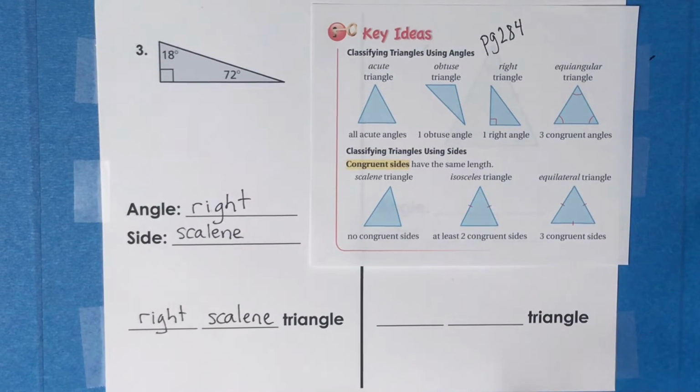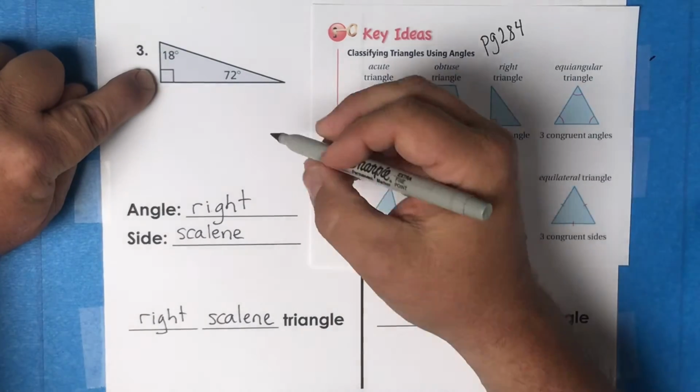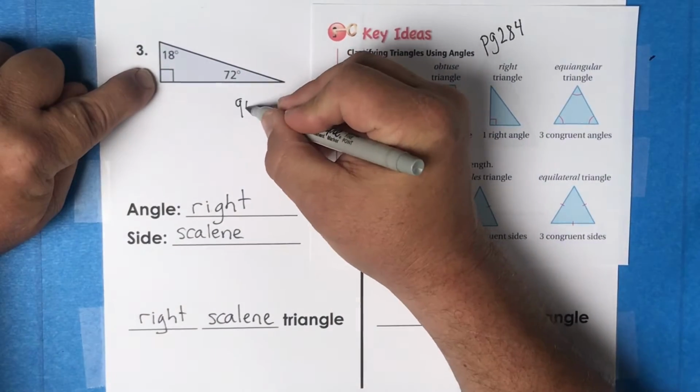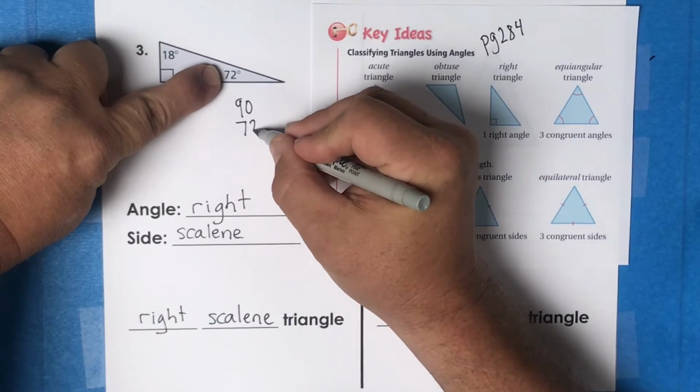Now, one thing I want to do is, at the beginning we talked about how all triangles have to add up to 180 degrees. So let's just check to make sure that this triangle does add up to 180 degrees. Well, here we know that that's a 90-degree angle. We know that this is a 72-degree angle.